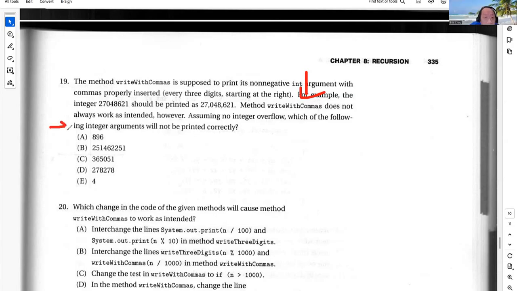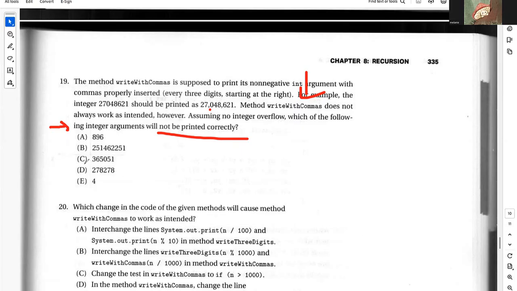So which one will not be printed correctly? It won't be printed with comma properly, but the function actually works in reverse order. So which one will create trouble?